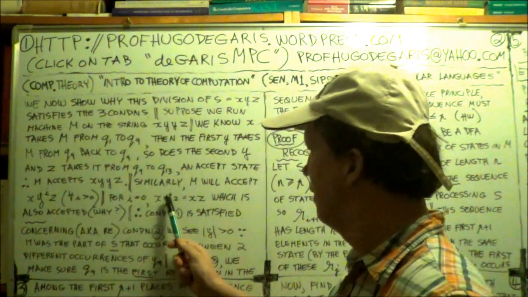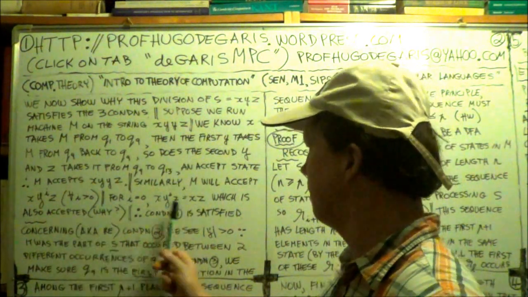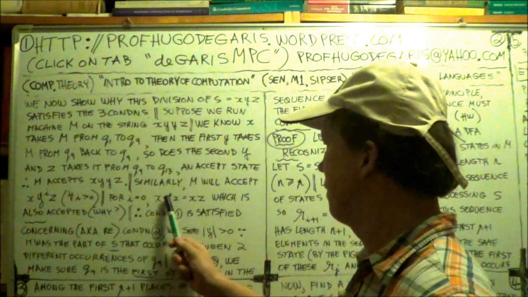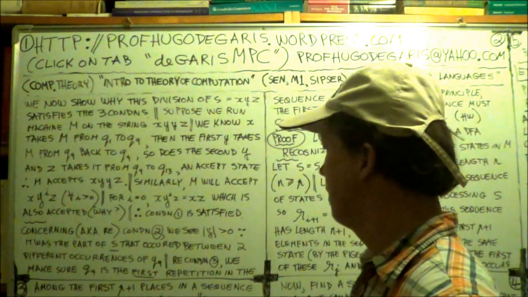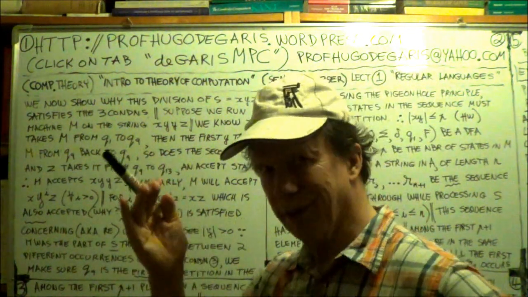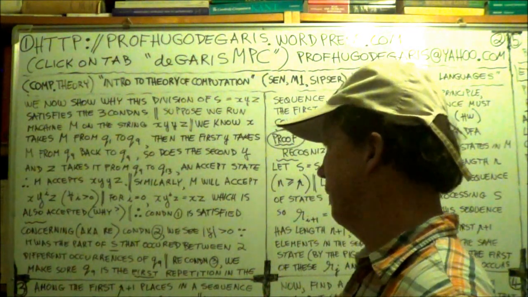But here you're saying i can be 0, so your y effectively is just an empty string. It seems to me it's contradictory. Well, this is something to think about.